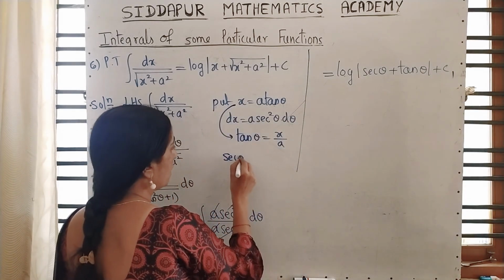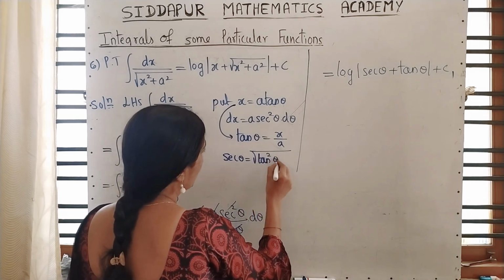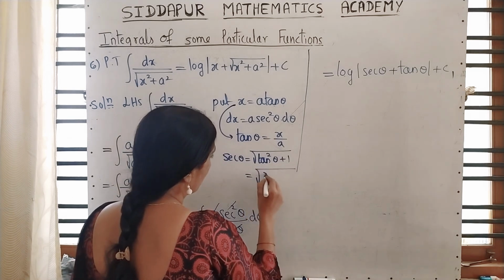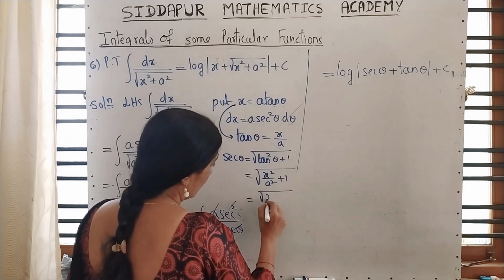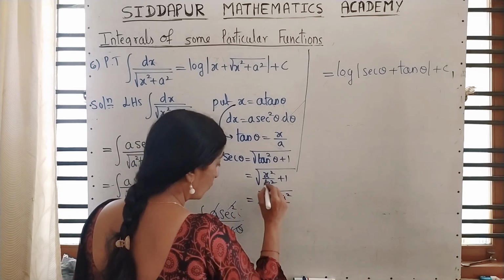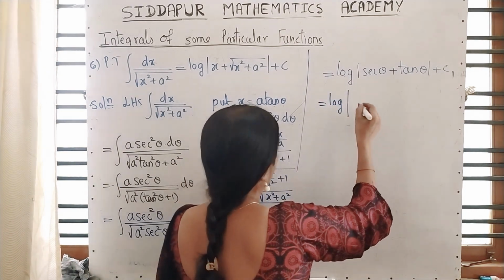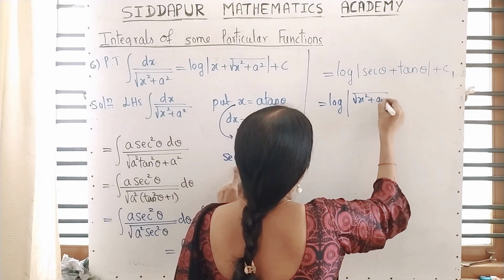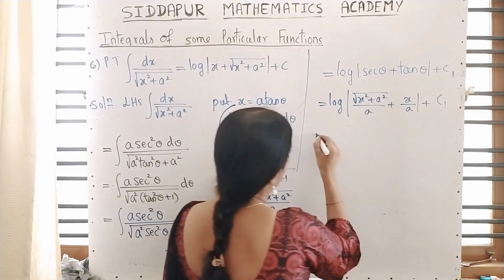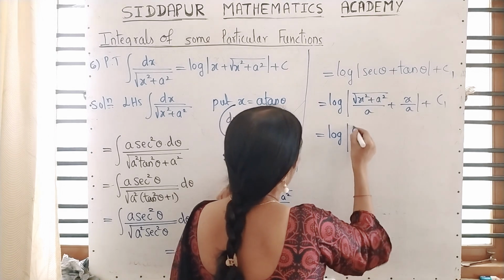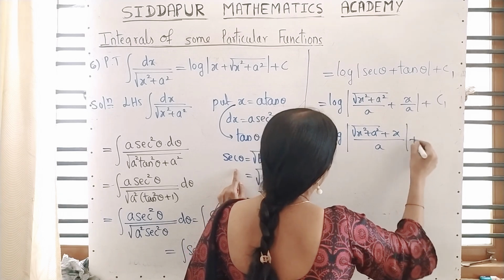And sec theta is equal to root of tan square theta plus 1. Tan theta is x by a, so x square by a square plus 1. When you solve this, you will get root of x square plus a square, and square root of a square is a. It is log of sec theta, which is root of x square plus a square by a, plus tan, which is x by a, plus c1. Take the LCM. It is log of root x square plus a square plus x upon a plus c1.